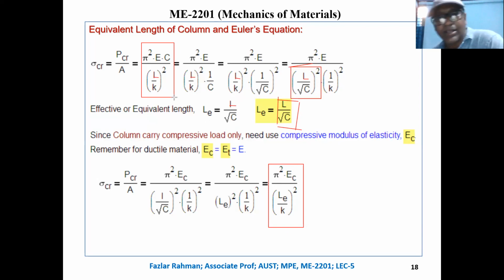Now, you see there is an E right over here. What is the E? Modulus of elasticity. And you study the stress strain graph, right? So in the stress strain graph, you got the value of E for what type of test? Tensile or compressive? Did you remember?